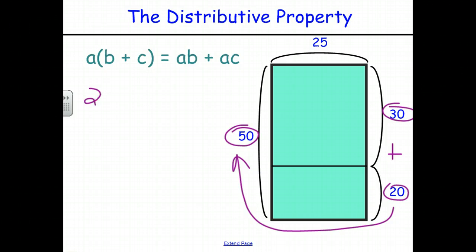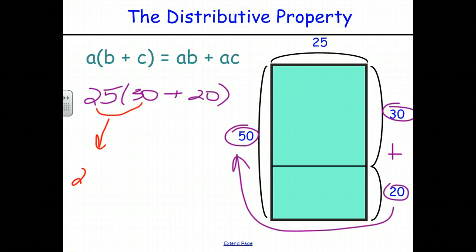So 25, which is the width, times the length of the pool, we're still trying to find the area, which is 50, which is also 30 plus 20, means that instead of doing this entire thing, 50 times 25, we can break it down into smaller sections. 25 times 30 and 25 times 20.